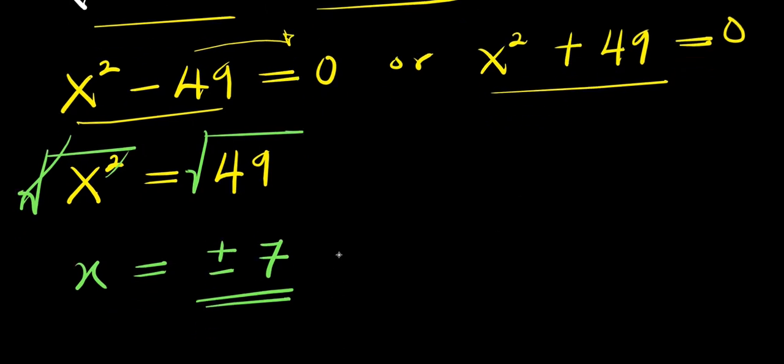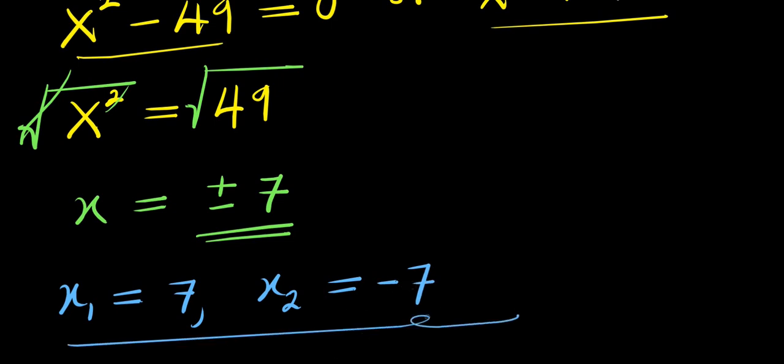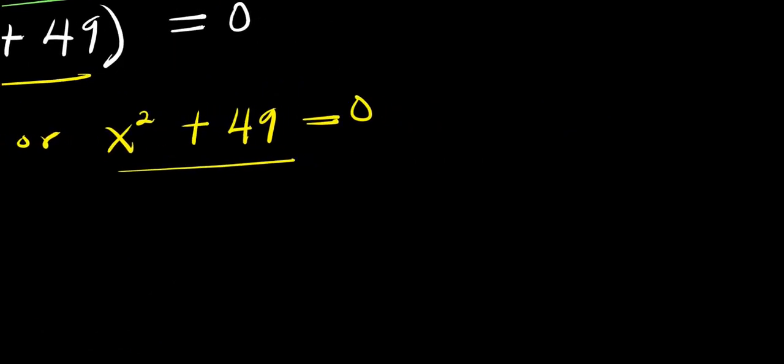That means we have two values for x here. x1 equals 7. x2 equals negative 7. For this other one here, I move this over here: x squared equals negative 49.